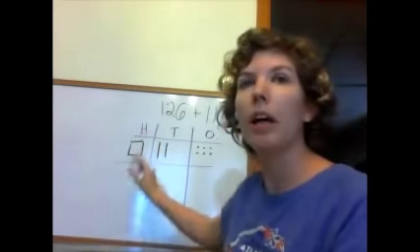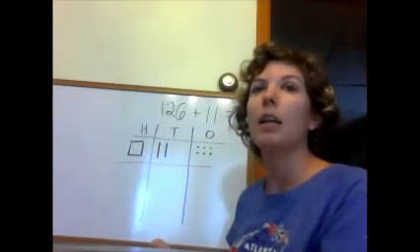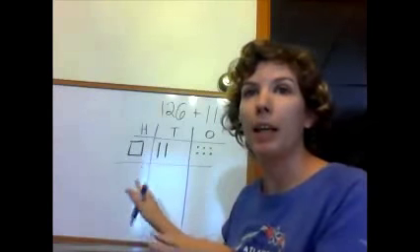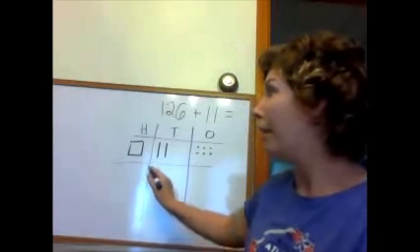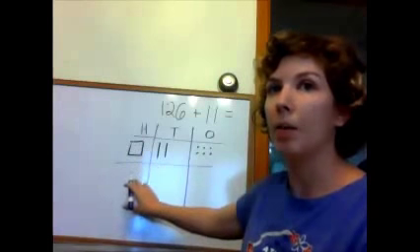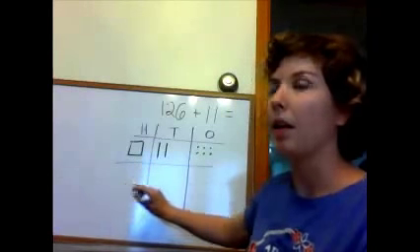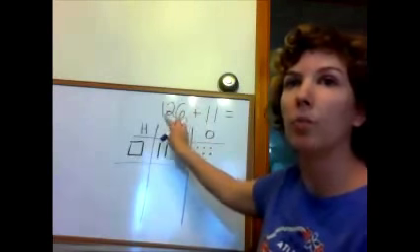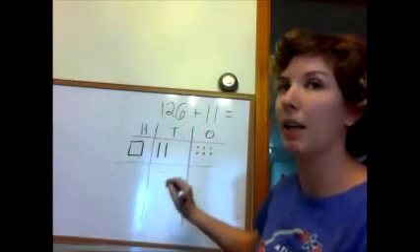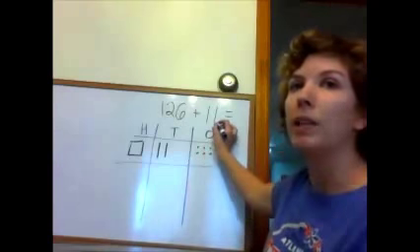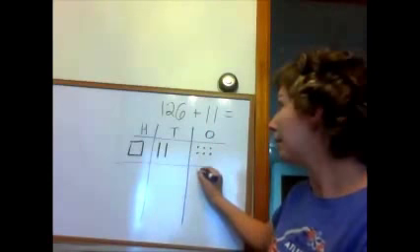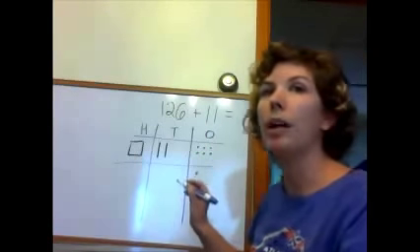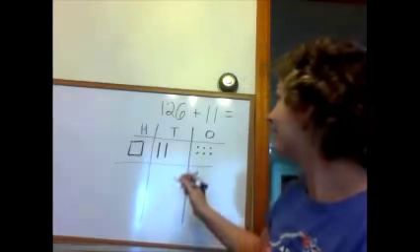Now I just draw a line to keep everything neat and keep me from making any sloppy errors. And I will put my next number underneath that line. The next number I'm working with is 11 because my equation is 126 plus 11. So looking in the ones place, I see 1, that's 1 dot.